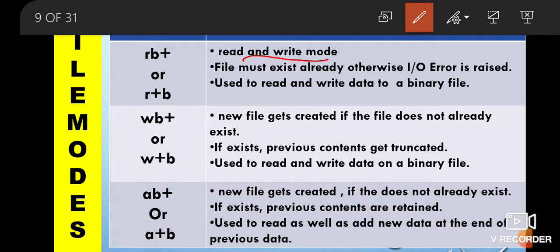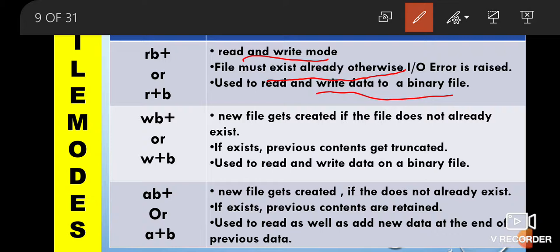But since reading is involved, the file must exist already, otherwise input output error is raised. Means whenever you are opening the file for reading purpose, your file must exist. So here also, since reading is involved in this mode, the file must exist already. Then it is used for reading as well as writing data to a binary file.